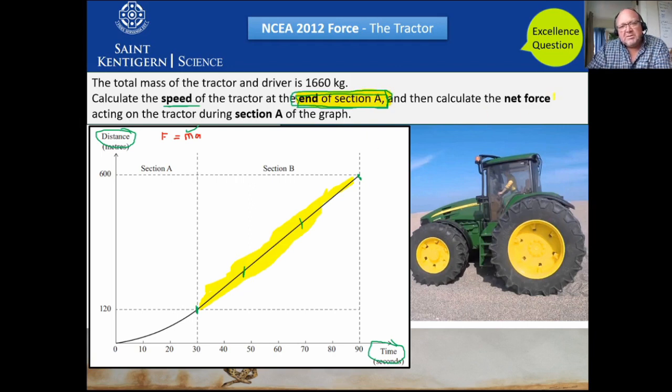But then they told us also to calculate the net force acting on the tractor during section A. Because the force is creating an acceleration. And to do acceleration, we know that acceleration equals the change in velocity over the change in time.